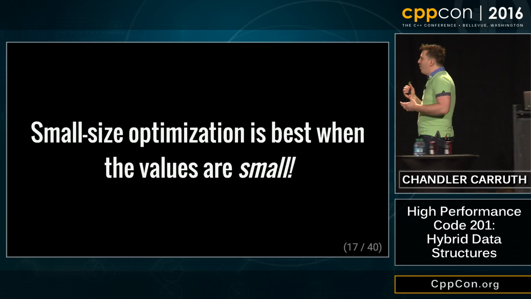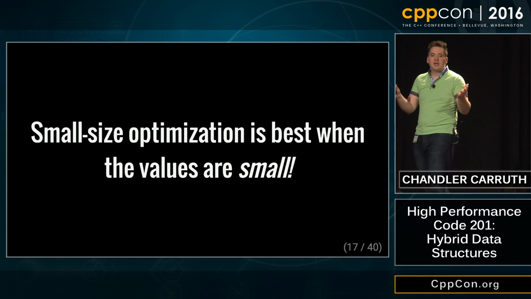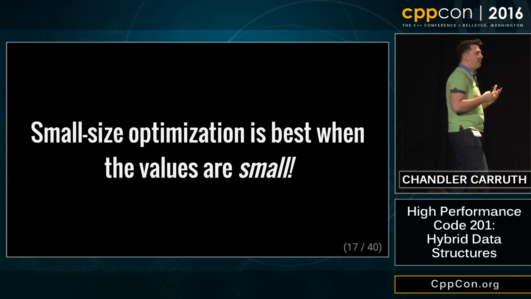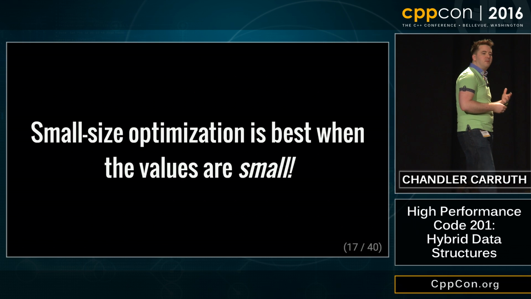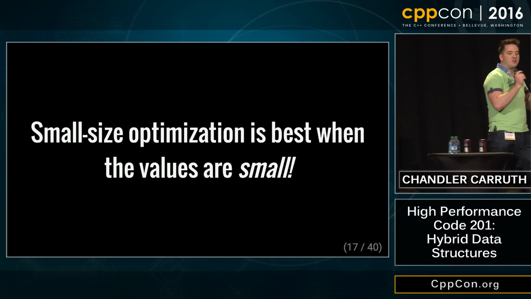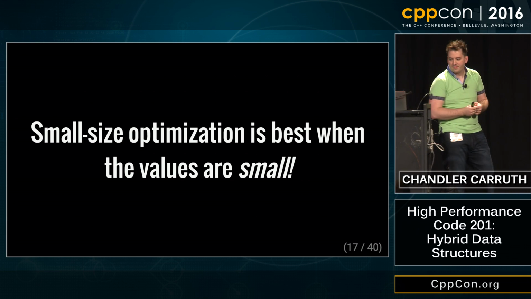So I've talked a whole bunch about small size optimization, right? And that's really the only kind of critical thing here. But how do you actually get it to be effective, right? Small size optimization works way better when your values are really small, right? When you have very high density to the values.